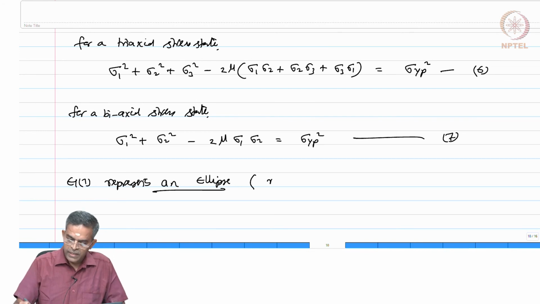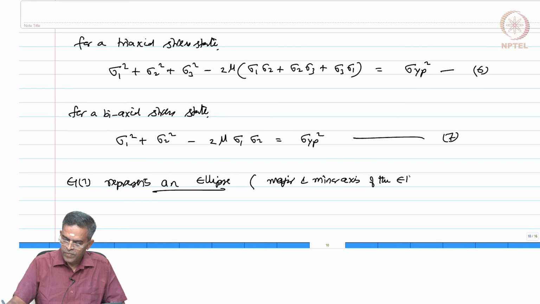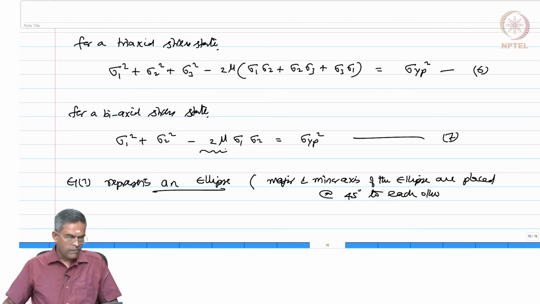With the condition that the major and minor axis of the ellipse are placed at 45 degrees to each other. Look at this factor. Okay.